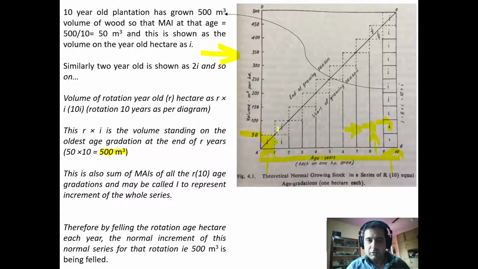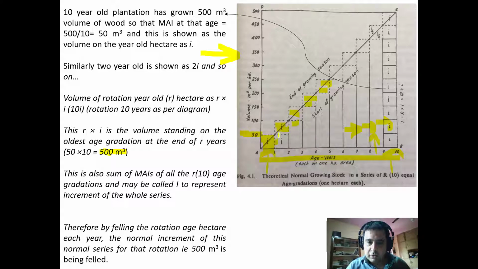Now the increment put on in a particular year by the different age classes is equal to the sum of these i's in the dotted squares, I1 and so on, and that comes to 10i. Now we have a problem of taking the harvest from the immature classes. We cannot take harvest from them, but increment has been produced by each age class.